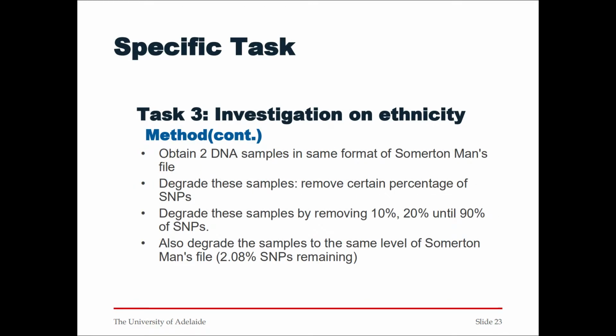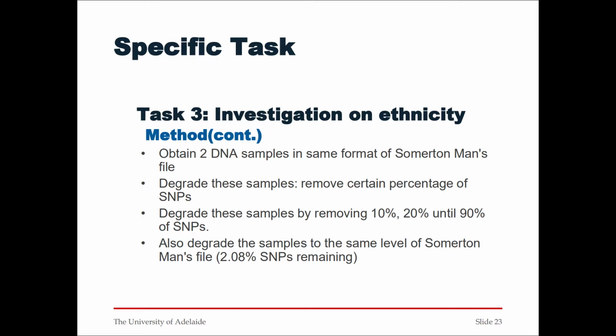To find out the reliability of poor quality DNA's ethnicity report, the project obtained 2 complete DNA samples which contain more than 95% non-empty SNPs in the files, and degraded them to different levels. The degradation process is to remove a certain amount of SNPs from the original files.